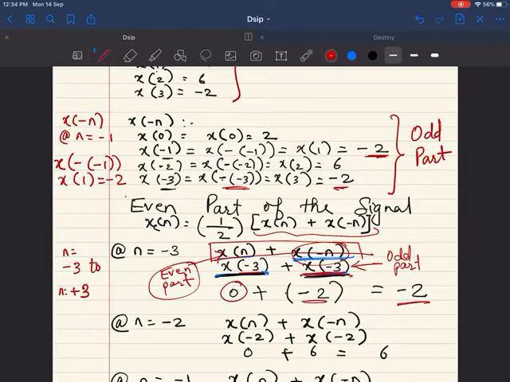Even part of the signal is given by this particular formula, which is xe of n is equal to half of x of n plus x of minus n. Okay, now I have to compute from n is equal to minus 3 to n is equal to plus 3.